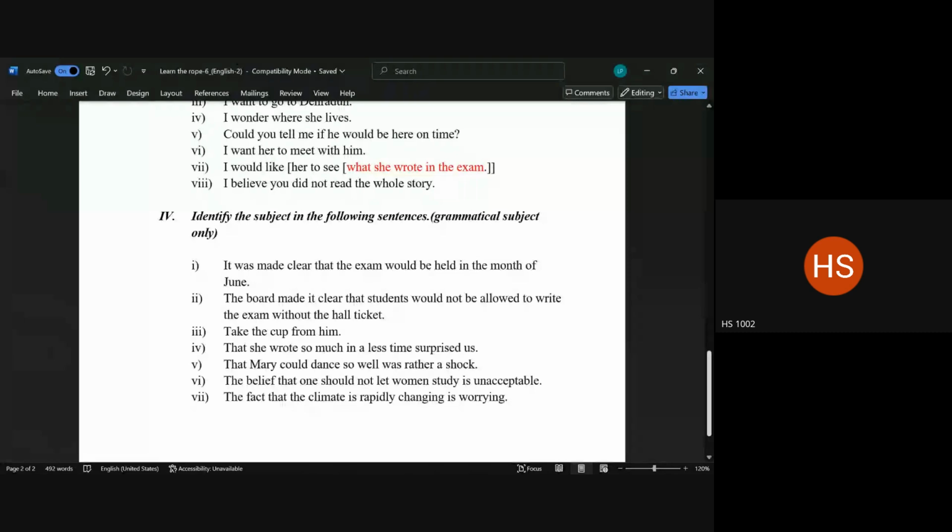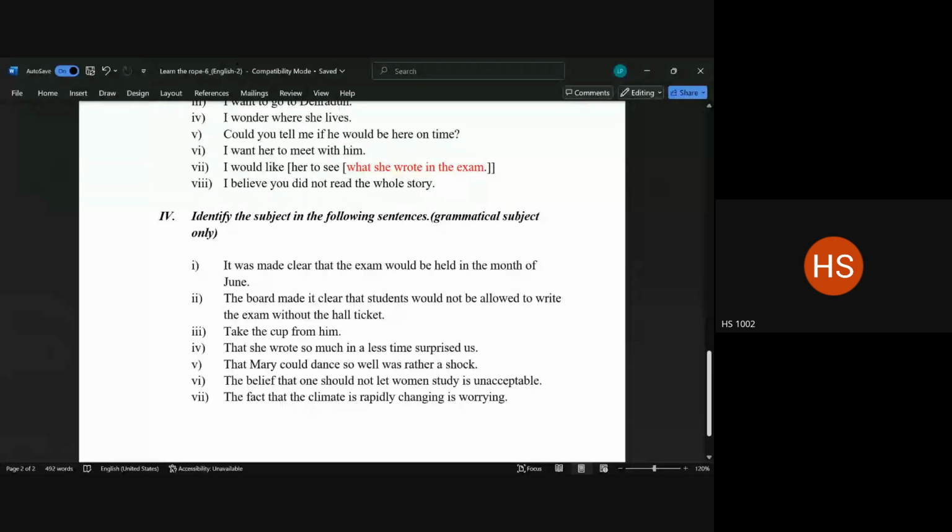So we look at these examples, the sentences, the questions that we have here. The task is to identify the subject in all the sentences, okay? And grammatical subject only. Grammatical subject means the ones that you can point out in a sentence, not the logical ones, like in imperative sentences. In imperative sentences, you don't have a clear-cut grammatical subject. It is always implied.